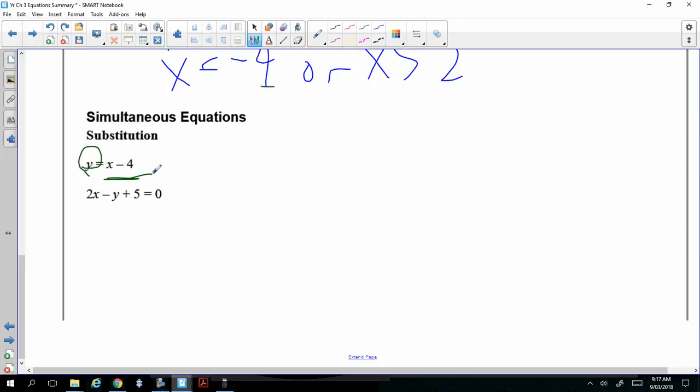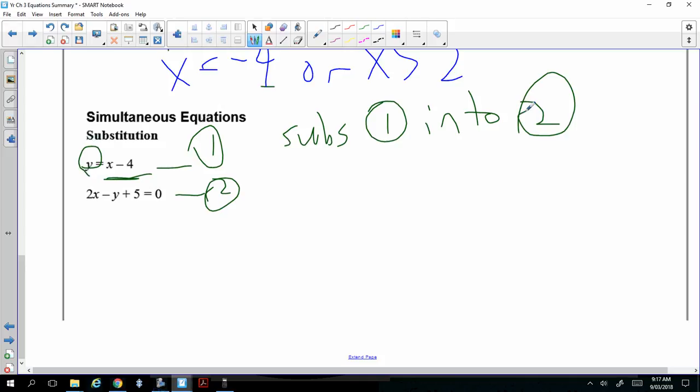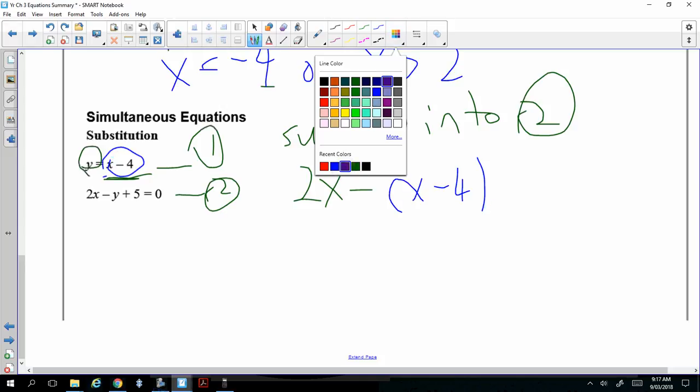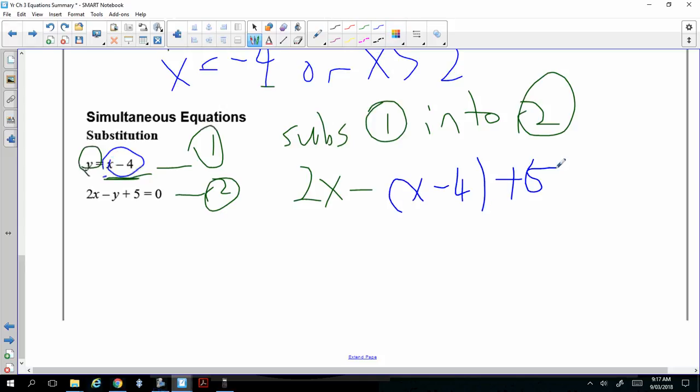So what do you get? You get 2x minus, where you see the y, you're going to replace it by x minus 4, and then plus 5 equal to 0. And you solve for x. So you get 2x minus x plus 4. Be careful of the minus.